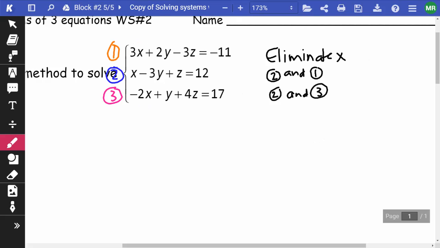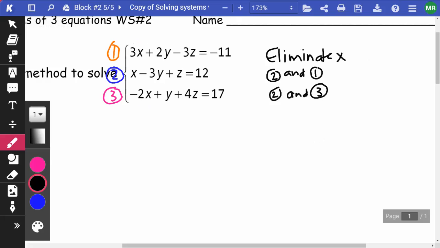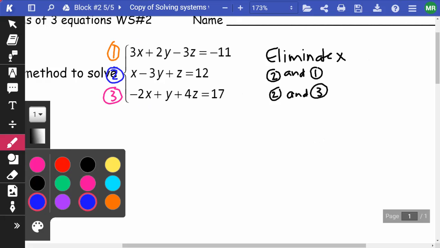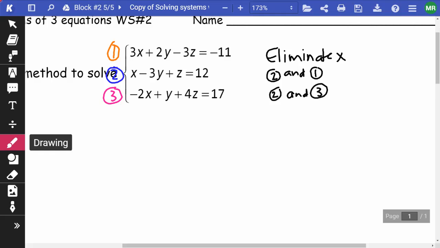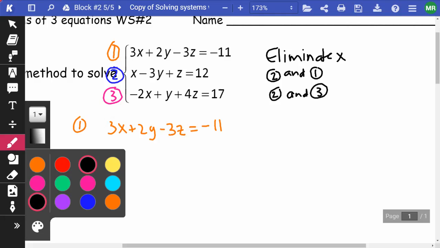Okay. Just going to move this so I can write better. So I am going to take equation 1, which is my 3x plus 2y minus 3z is equal to -11. And I'm going to take equation 2.